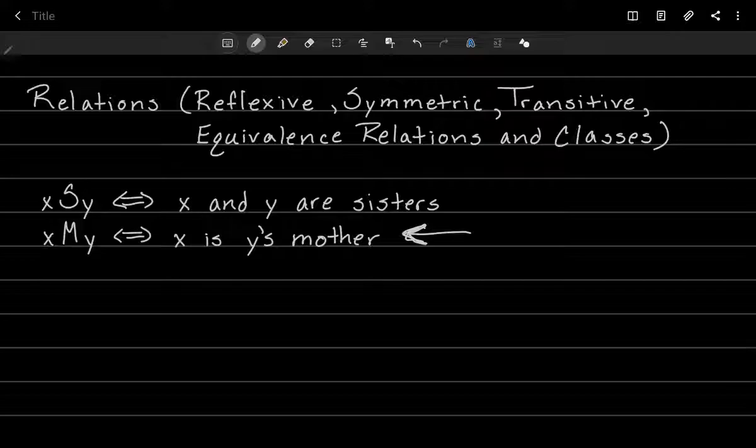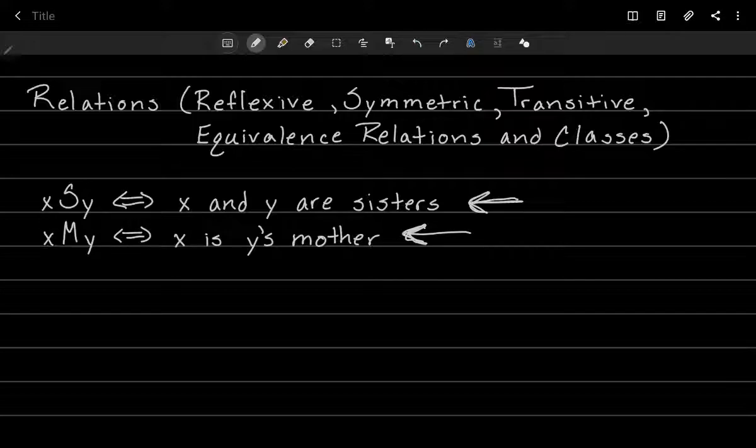Because if I say x M y, I'm saying x is y's mother. That's not the same thing as y M x. Whereas in the first one, the order really isn't important. Because if x and y are sisters, then x S y works, but if I changed it to y S x, I would still have x and y are sisters.